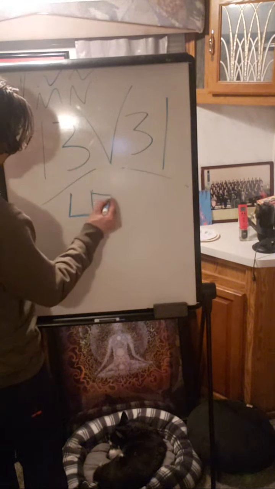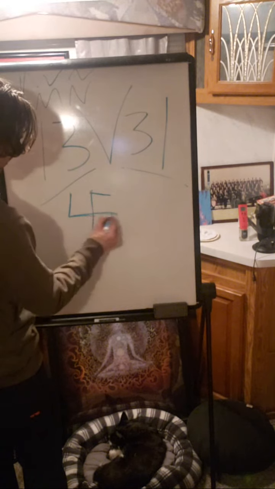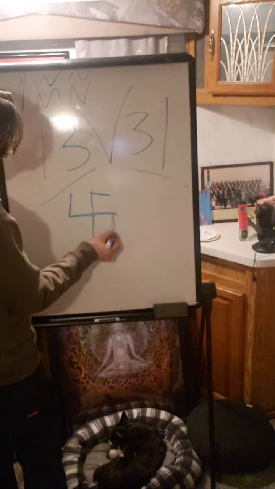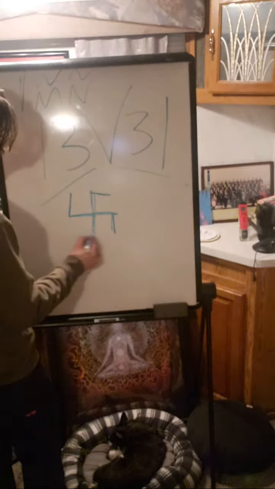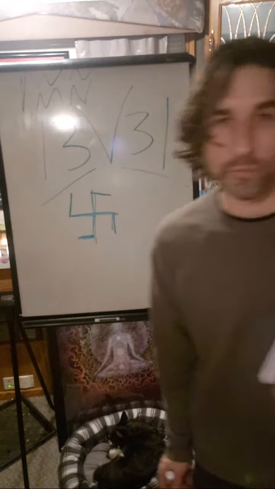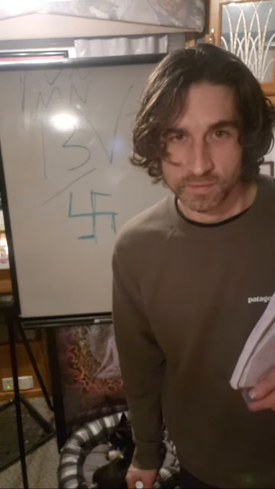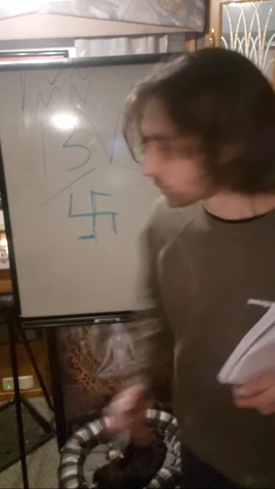You write a 4 this way, that's a 4. You write a 4 upside down, that's a 4. You write a 4 that way, that's a 4. Dealing with four 4s.